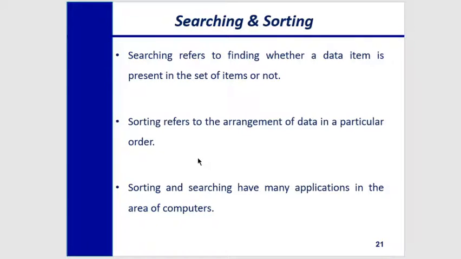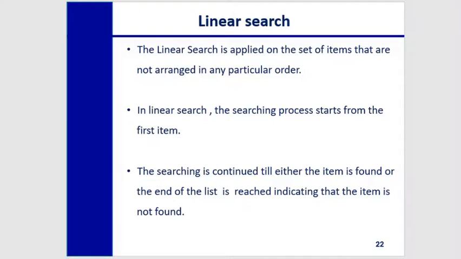The person making the program may arrange the list in sorted order, maybe ascending, it's his wish. Searching and sorting have many applications in the area of programming. It's one of the most important things used while making programs useful for society, mainly user dependent programs.